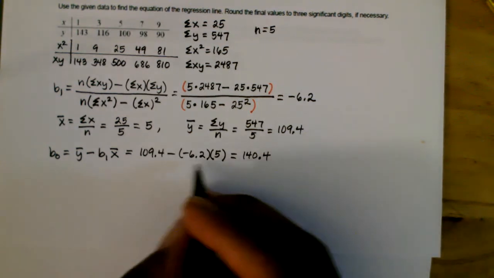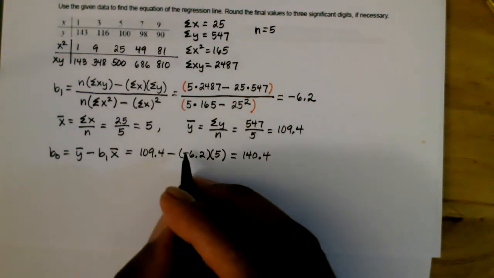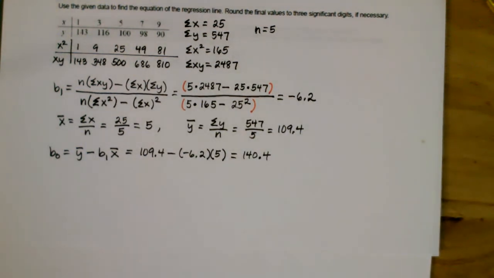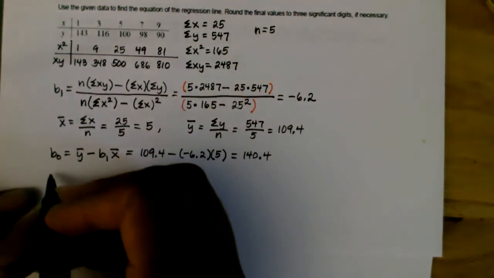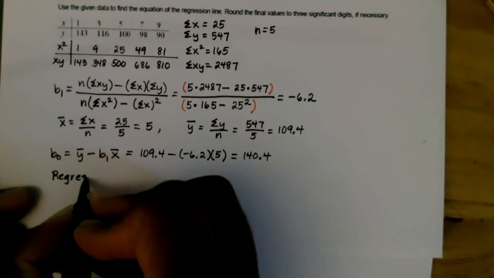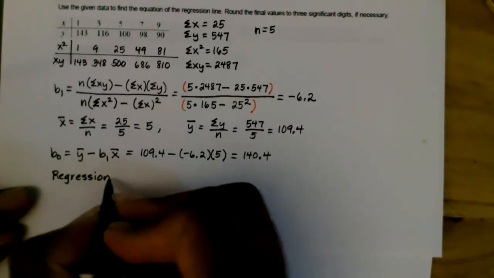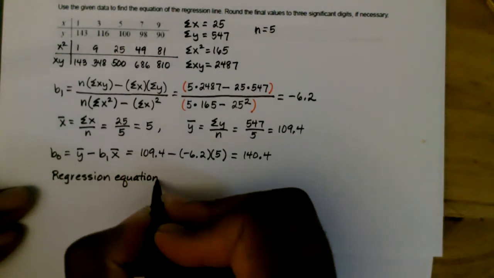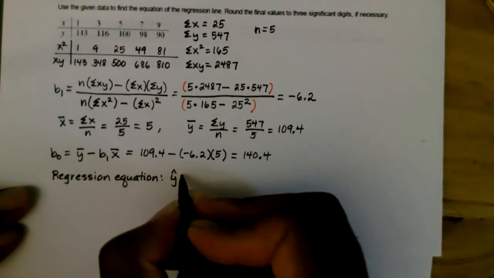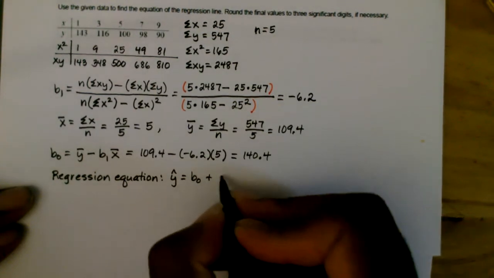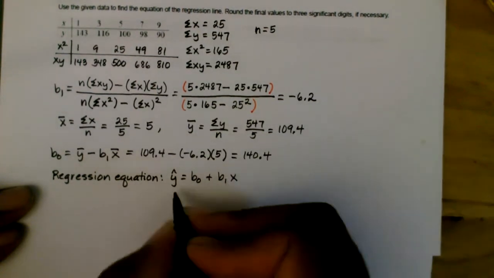Now, if you wanted to, you could make that minus a negative 6.2 a plus, and you'll still get 140.4. Now, let's find out what our regression equation is going to be. We use y hat is equal to b sub 0 plus b sub 1 times x, and just substitute.